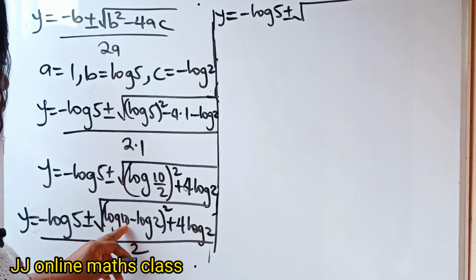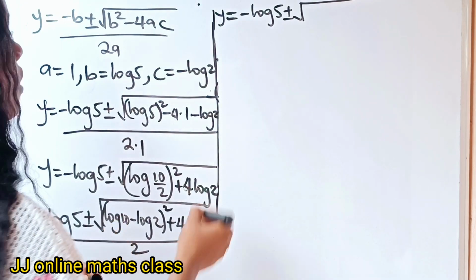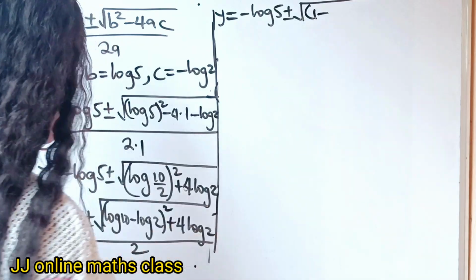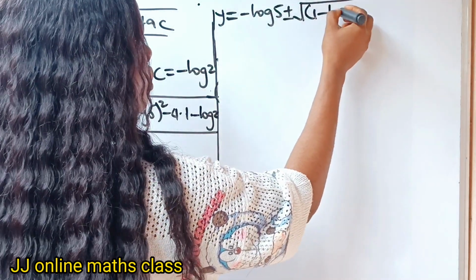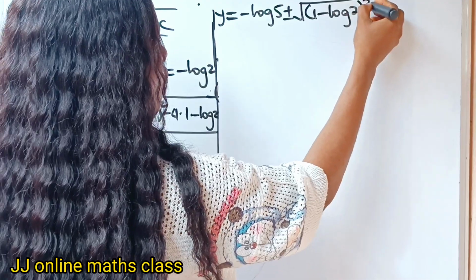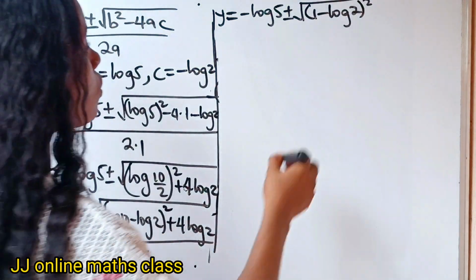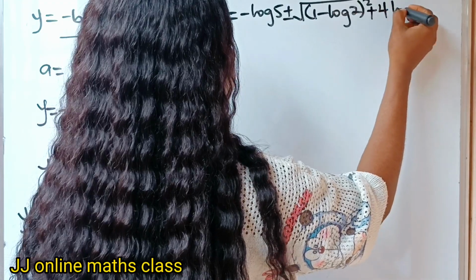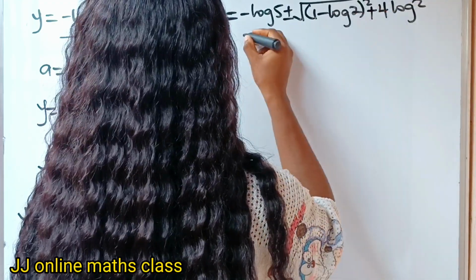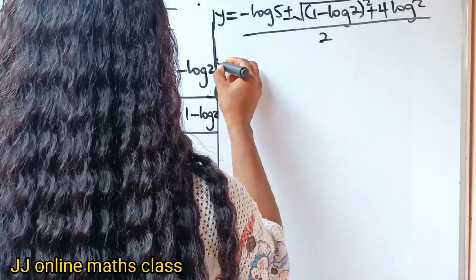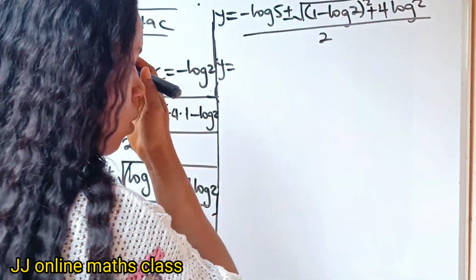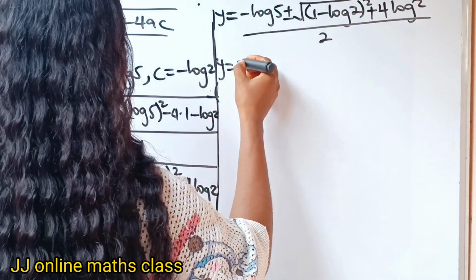Now we are going to replace log 10 with 1. So we have 1 minus log 2 all squared plus 4 log 2, everything divided by 2.